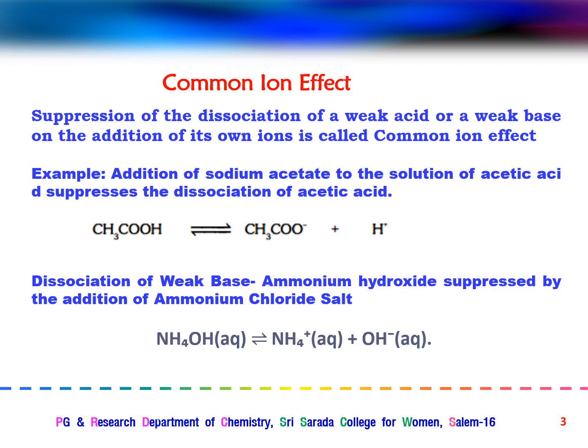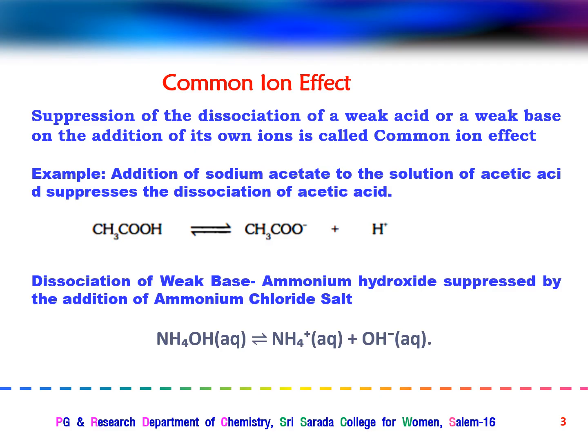Similarly, if we add HCl also, it supplies more number of H plus ions. It also pushes the equilibrium to the left and suppresses the dissociation of acetic acid. Similarly, the dissociation of a weak base, for example ammonium hydroxide, is also suppressed on the addition of ammonium chloride, which supplies more number of ammonium ions.